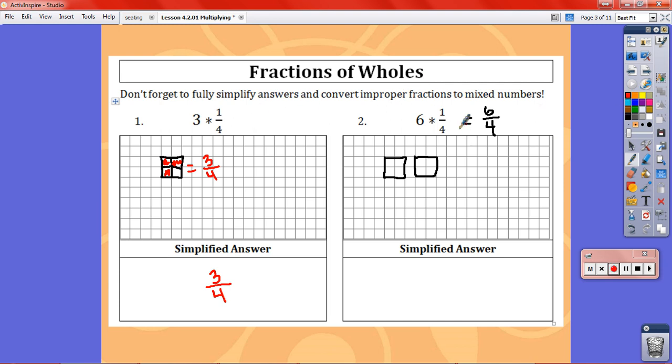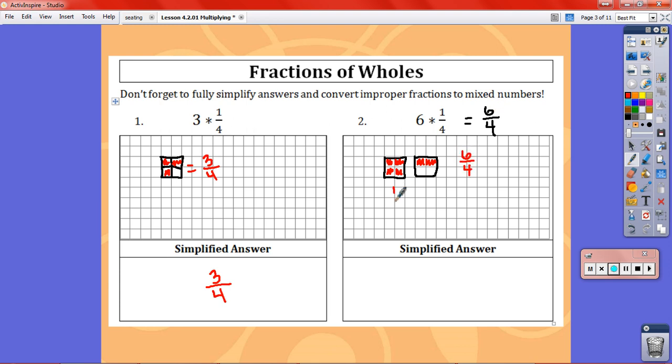But even without that, 6 sets of 1/4. Well, this is 1/4. So this is 1, 2, 3, 4, 5, 6. That's 6 sets of 1/4. So we have 6 pieces, and the size of the pieces is fourths, 6/4.